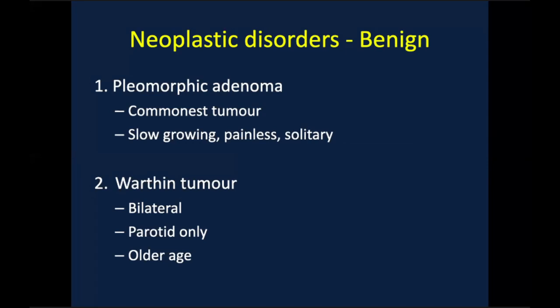So if you see a male in their, say, 60s or 70s with bilateral parotid enlargement and scans show a tumor, not just uniform parotid enlargement, it's very likely that this is a Warthin tumor. Okay. So they are all benign tumors of the salivary gland.